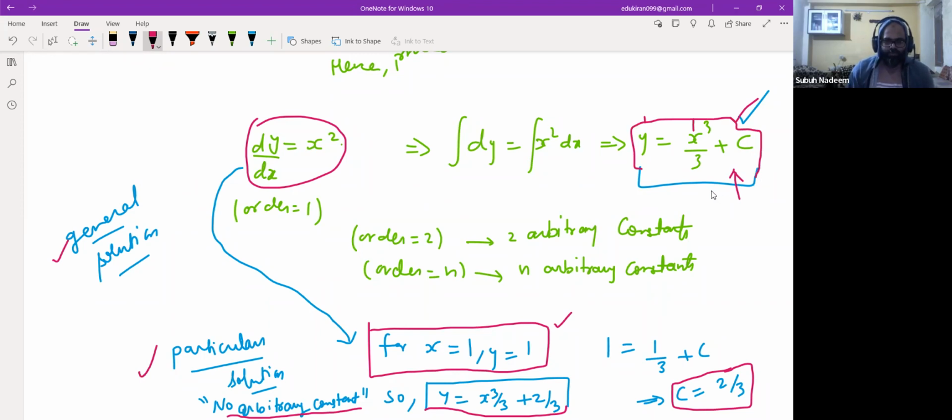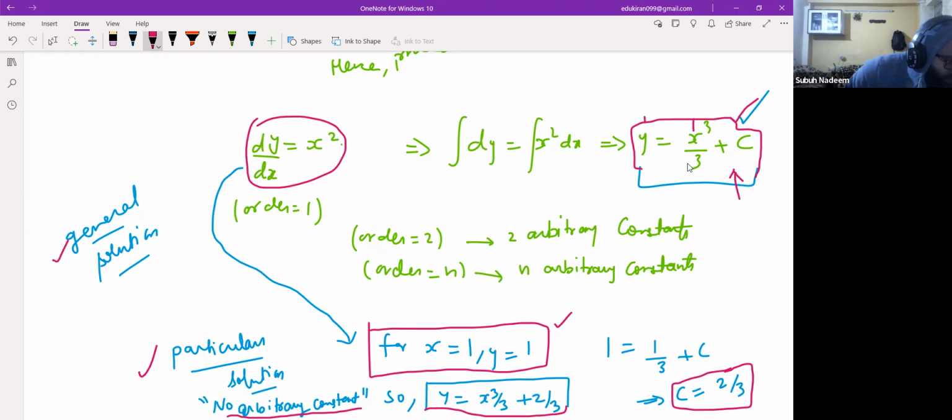Got it? Yes. So if you talk about question number 11, the number of arbitrary constants in the general solution of a differential equation of fourth order are, what will you say? If the differential equation is of fourth order, the arbitrary constants will also be 4.